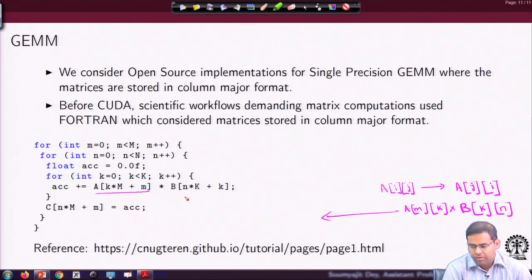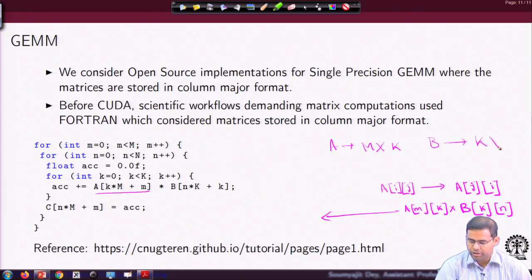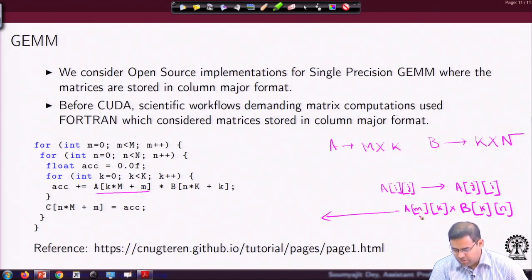So, we will have n multiplied by the iterator here, considering that we are multiplying matrices of this size m cross k. So, A is of this dimension and B is of dimension k cross capital N. That is why for the first one the entry I was looking for was A small m small k.